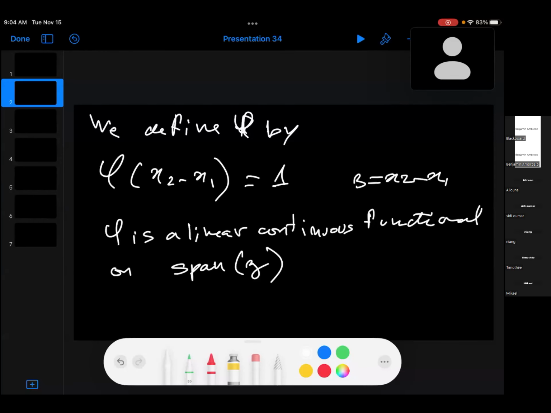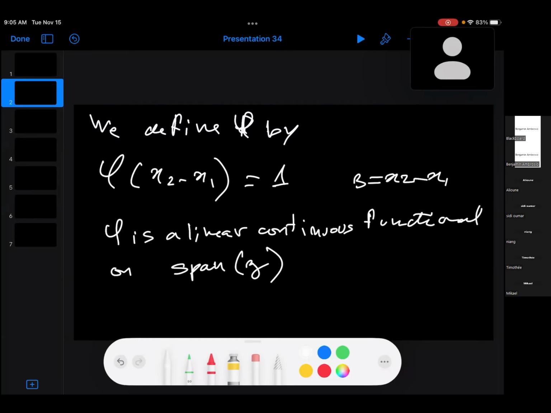In order to construct U1 and U2, we are going to define a function phi, because the open sets of the weak topology are defined thanks to the functions phi. The simple thing is to start by defining a phi such that phi of x2 minus x1 equals 1.